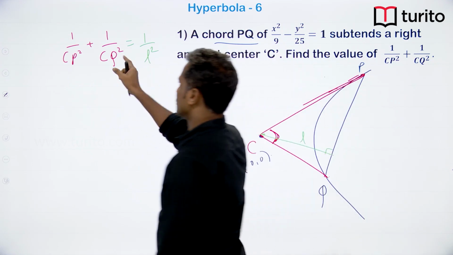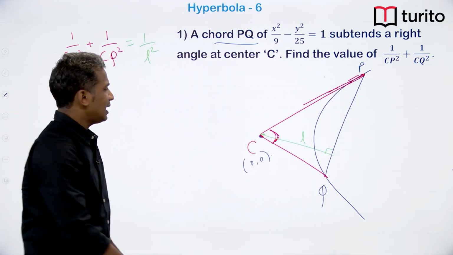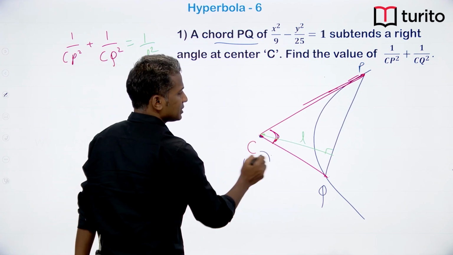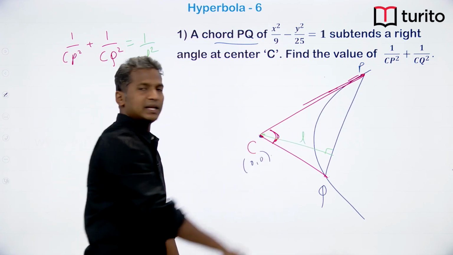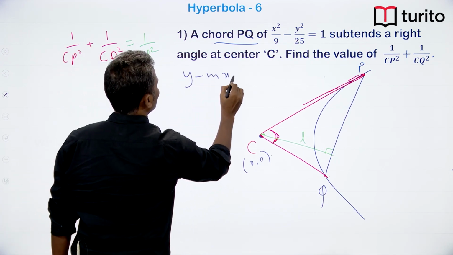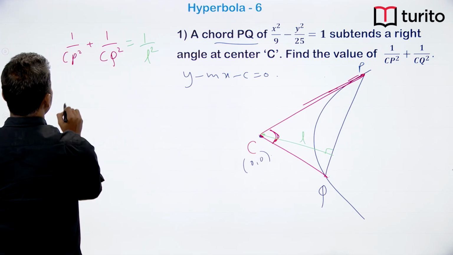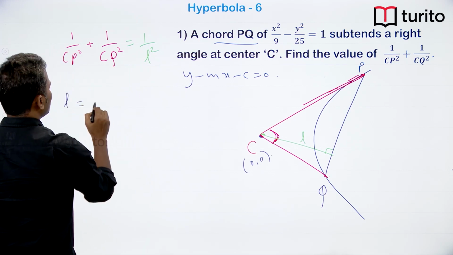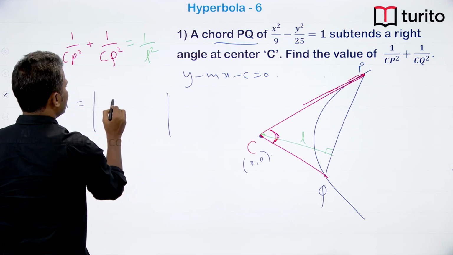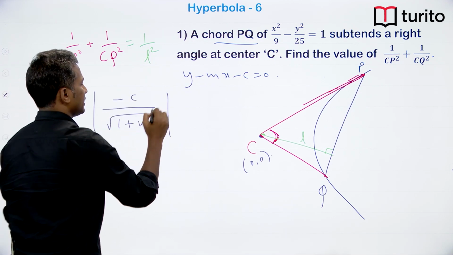Okay. So, what I'll do here is I'll try to calculate L. What is L? L is the perpendicular distance from 0, 0, that is origin, to the line. What is our line? Our line is y minus mx minus c equal to 0. So, what will be the perpendicular distance? This L is going to be, substitute 0, 0 here, which will give me minus c divided by root of 1 plus m square.